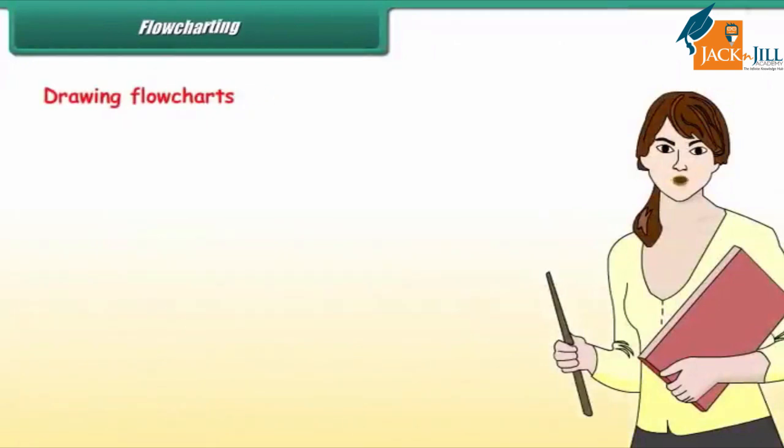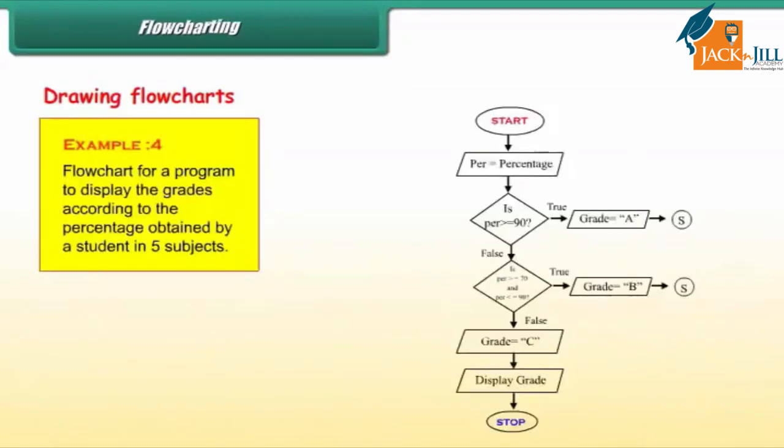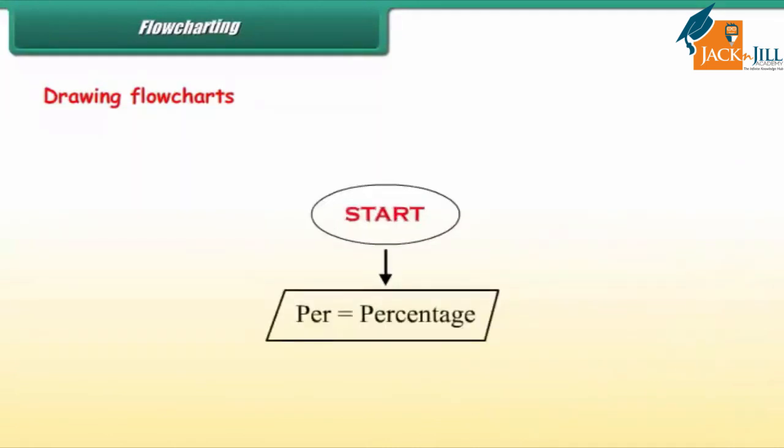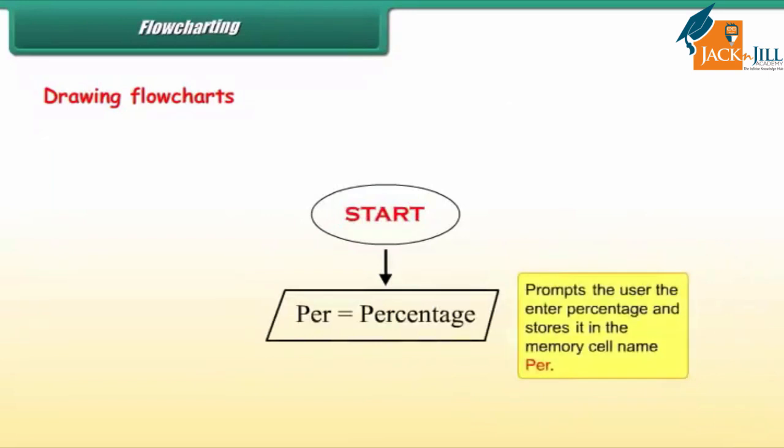Example 4. Flowchart for a program to display the grades according to the percentage obtained by a student in 5 subjects. Prompts the user to enter percentage and stores it in the memory cell named PER.